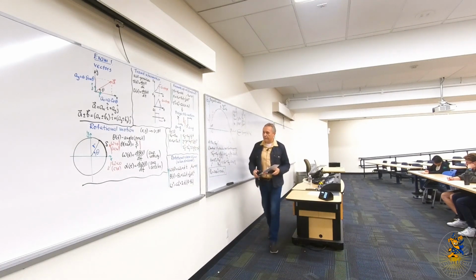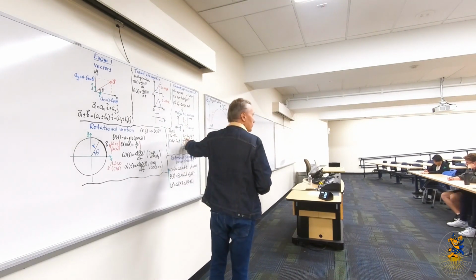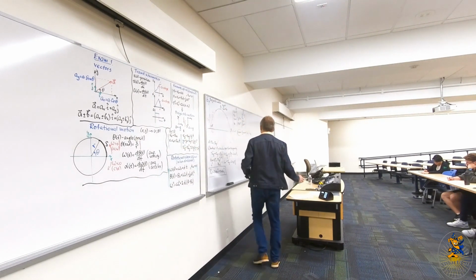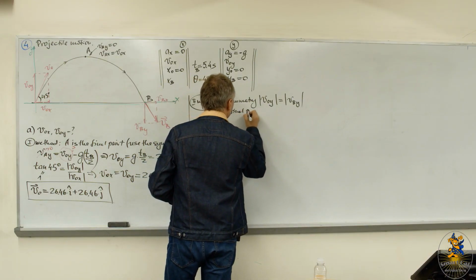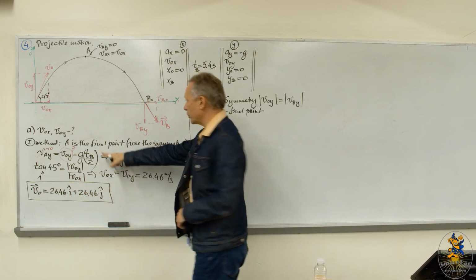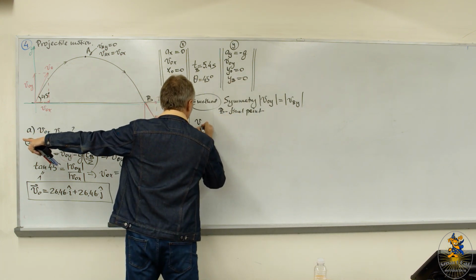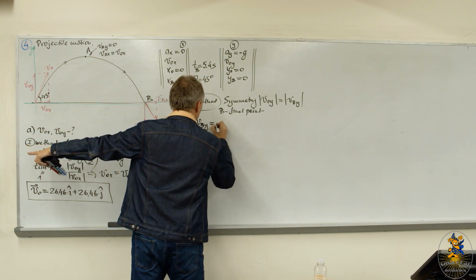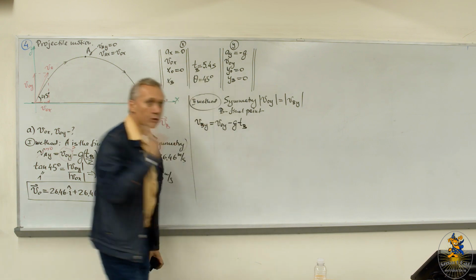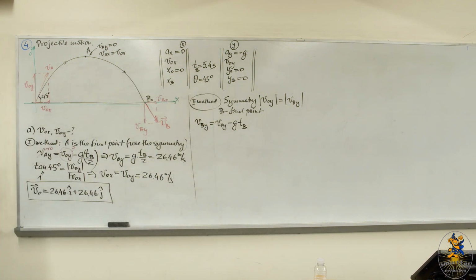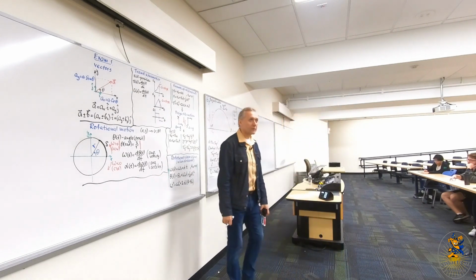Okay, so now if we have this, then we should be able, again, to use this equation. But now the final point, of course, is B. It's not like before, where I used point A as the final point. So now equation 1, which is v by equals v not y minus gt. And now the total travel time, because now we use the whole parabola, the whole motion.